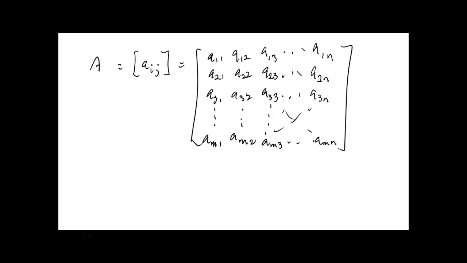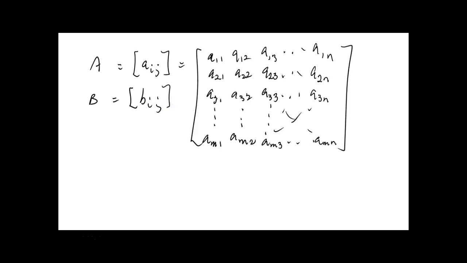Now, what would we mean if we said that two matrices are equal to each other? Let's say we have matrix A, which is Aij, and matrix B, which will be called Bij.